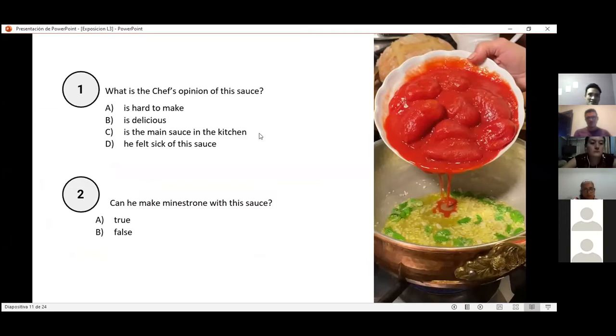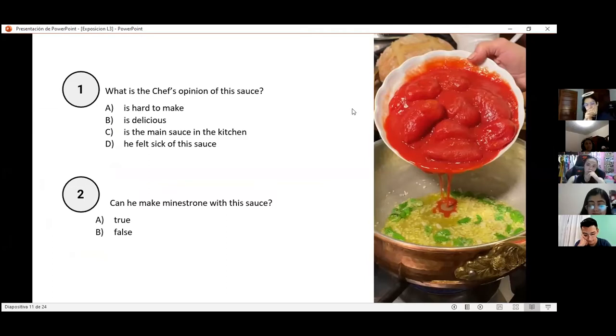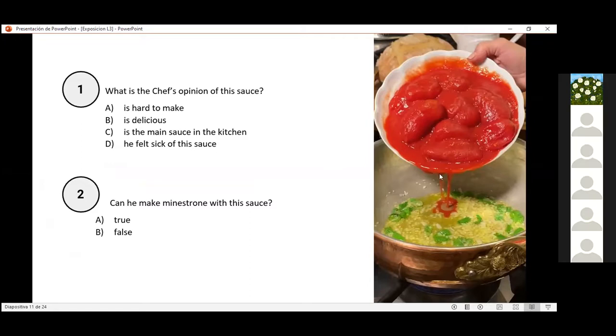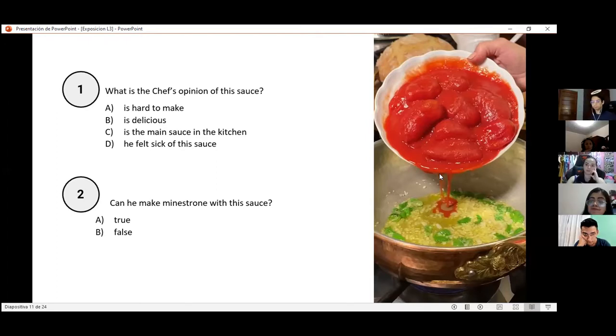What is the chef's opinion of this sauce? Option 1 is, it's hard to make. Option 2, it's delicious. Option 3, it's the main sauce in the kitchen. Or he felt sick of this sauce.